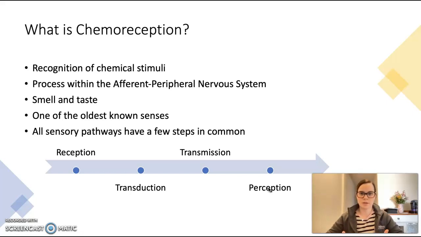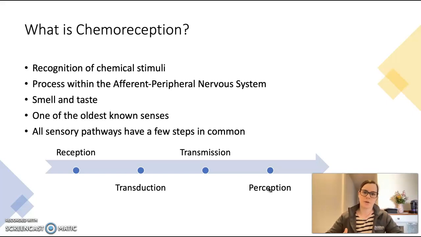Chemoreception, and olfaction specifically, is one of the oldest known senses, and all sensory pathways actually have these 4 different steps in common. So not just what we're going to be talking about today, but you can apply these 4 steps to any other processes within the sensory system. Reception: you have some sort of receptors that detect the stimulus.